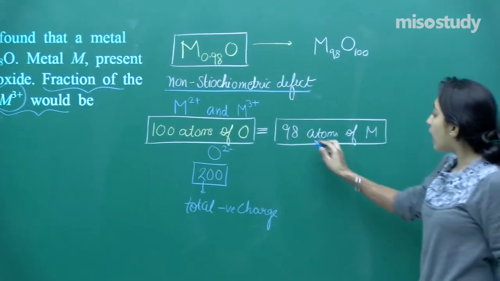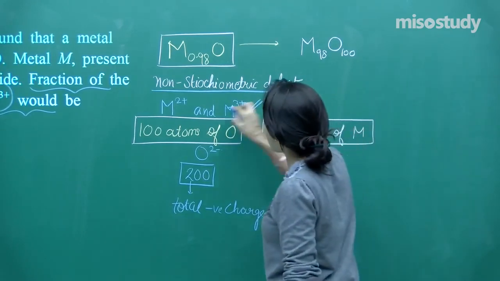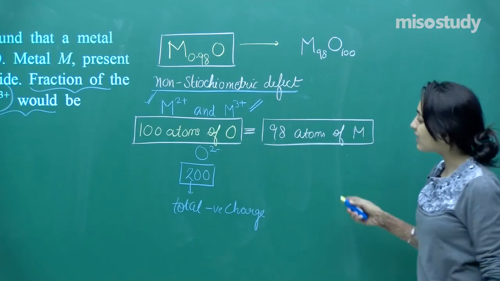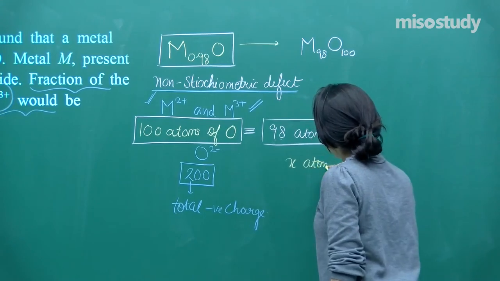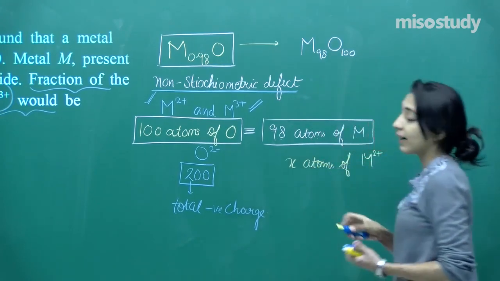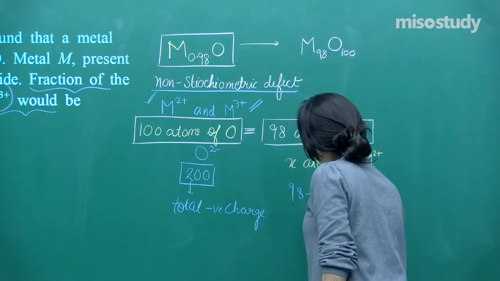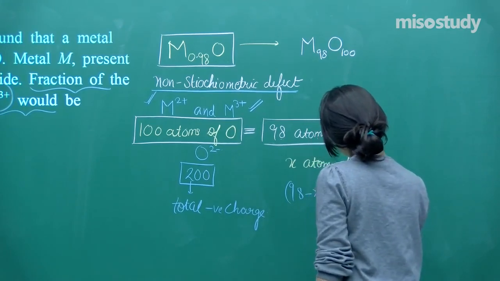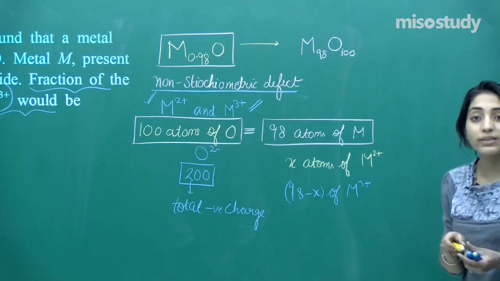There are 98 atoms of metal, but the metal is present in both +3 as well as +2 oxidation states. So consider x atoms of M2 plus might be present and the remaining 98 minus x of M3 plus will be present. Let us now figure out the total positive charge.